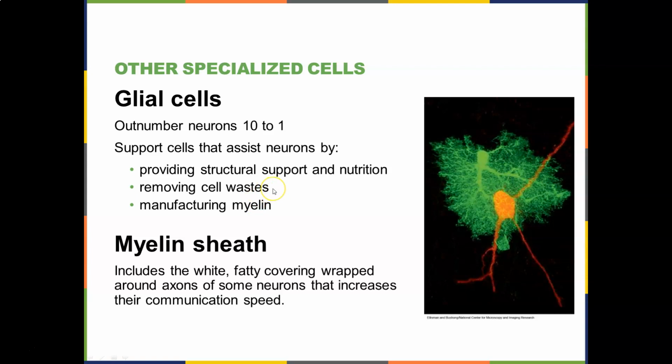And then this one in the middle, this is really important to understand, and I think you'll find it quite interesting. The second one says removing cell waste. Because we have metabolic processes occurring in our brains all the time, our brains are like engines, constantly running, and as they run, they produce cell waste materials.